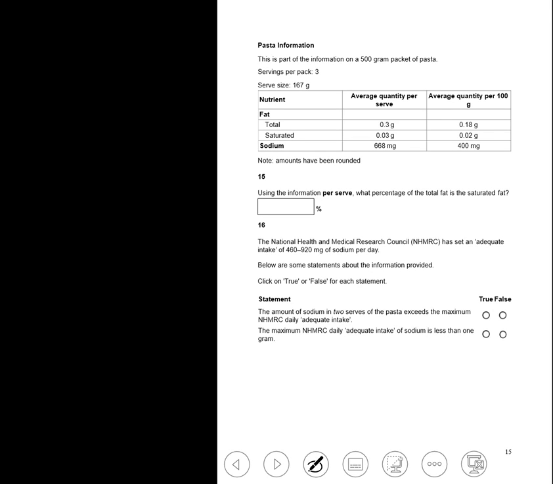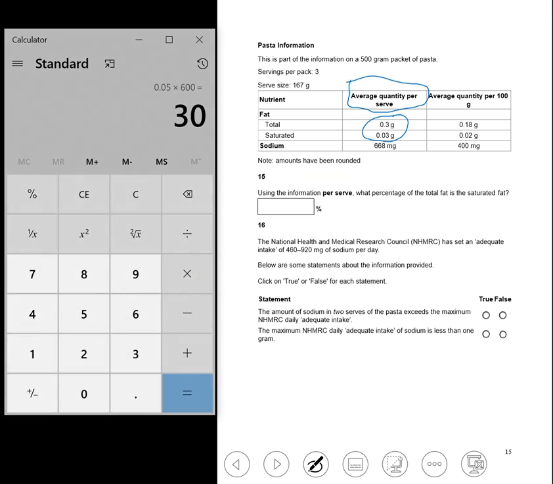Over here, use the information per serve. What percentage of the total fat is saturated fat? So there is our per serve, and there is 0.03 compared to 0.3. You can just put that on your calculator. 1 divided by the other, times by 100 to go from the decimal to the percentage.